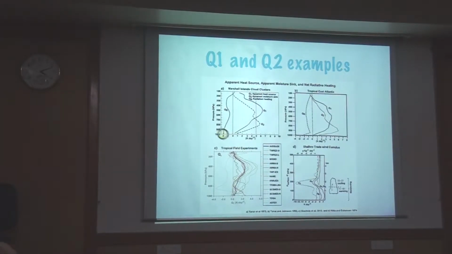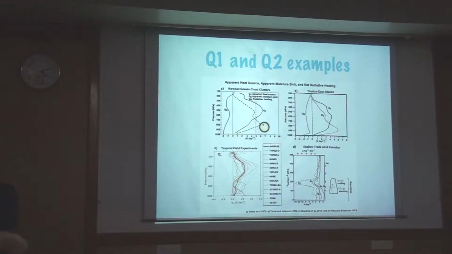What's plotted here is actually not Q1, but Q1 divided by Cp, so that it becomes a temperature, basically. So it's the heating rate from convection, Q1, and you can see the profile. This is from an experiment in the Marshall Islands.